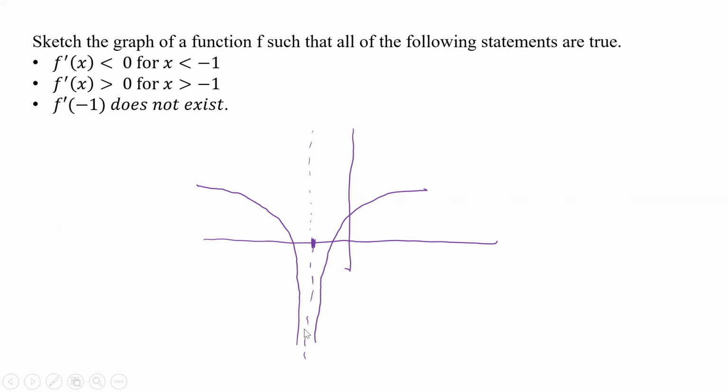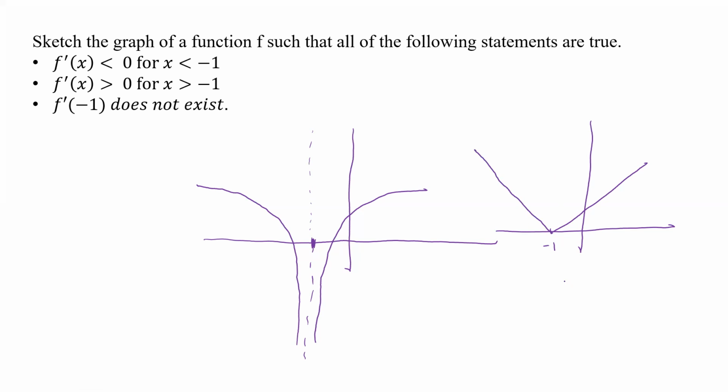Now, is there anything else we could do? Let's see. So you always want to think about other things here. Maybe at -1, if we're increasing to the right, we could have something like that. And if we're decreasing to the left, we could have that. And we have that point here.